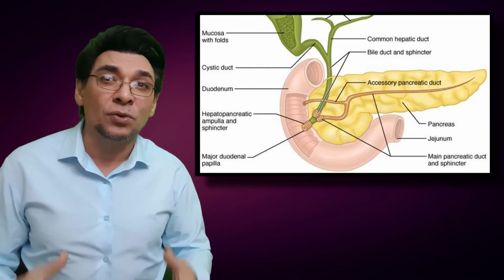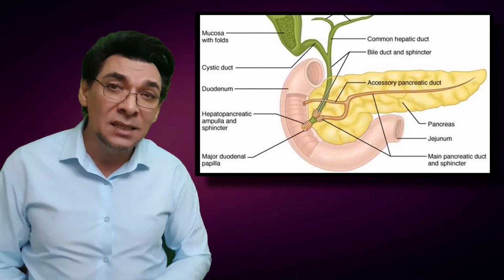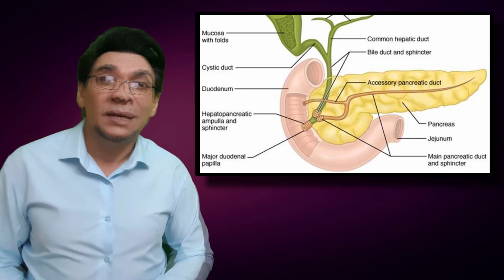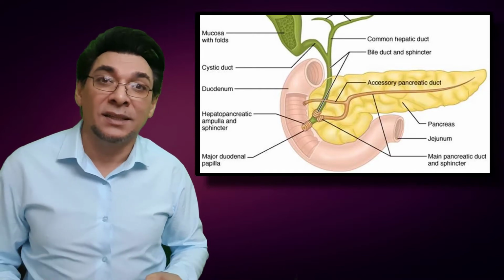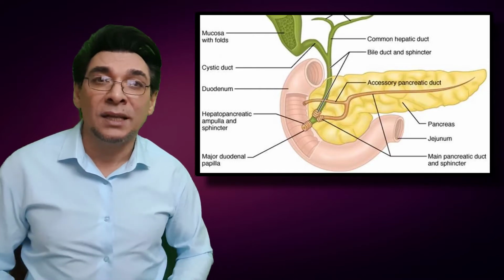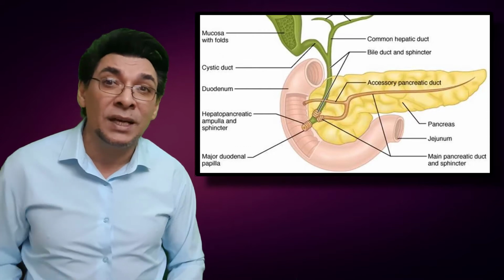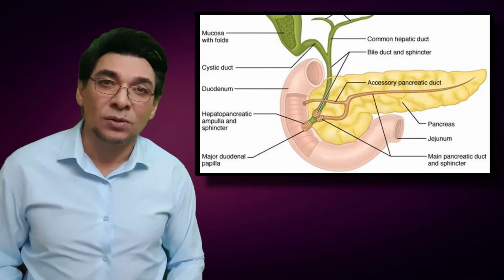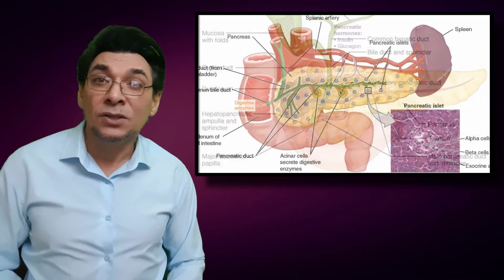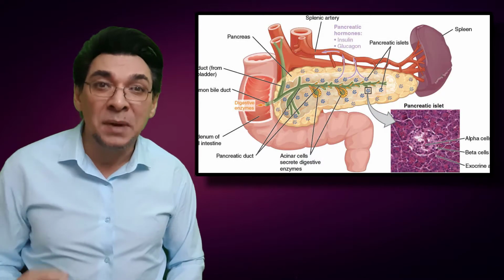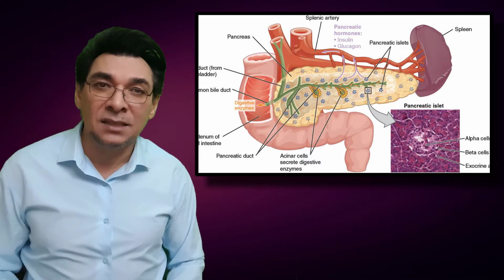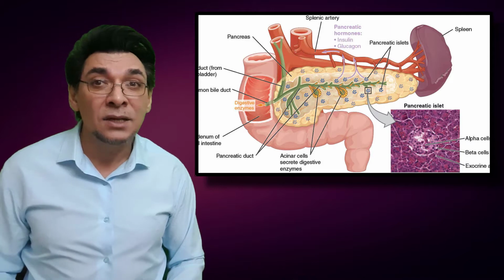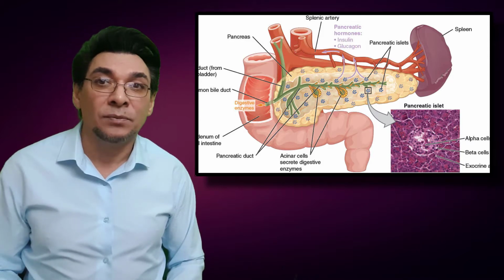The islets secrete three hormones: insulin, glucagon, and somatostatin, which help regulate the blood levels of nutrients, especially glucose. Alpha cells secrete glucagon, beta cells secrete insulin, and delta cells secrete somatostatin.